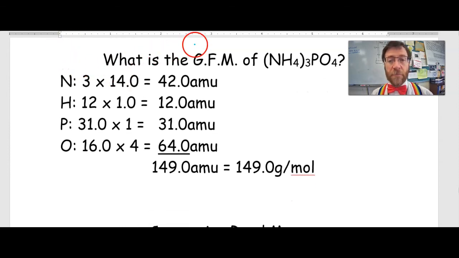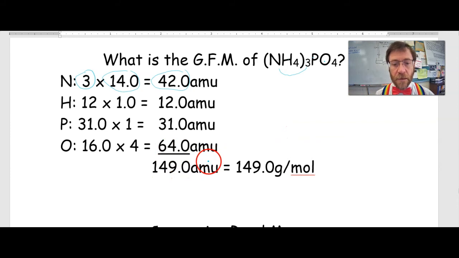So what is the gram formula mass of ammonium phosphate? Well, just like before, we're going to find out the number of nitrogens. So 3 times 1, 3 nitrogens. Each nitrogen weighs 14. We have a grand total of 42 from nitrogen. We do the same for hydrogen, for phosphorus, and for oxygen, and we add them all up. Here's the clutch.